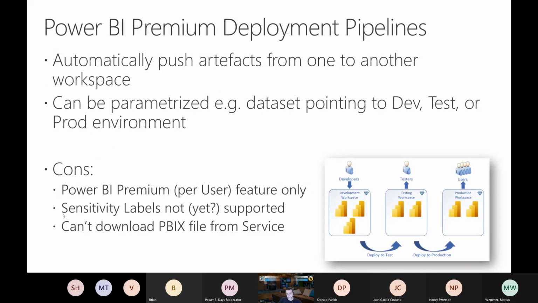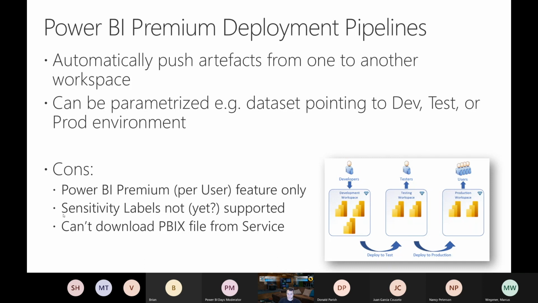The whole process can also be more automated with Power BI Premium and with the Power BI deployment pipelines. This is a feature which will take care of this publishing process going from one workspace to another, so from a developer workspace to a test workspace and then to a prod workspace.